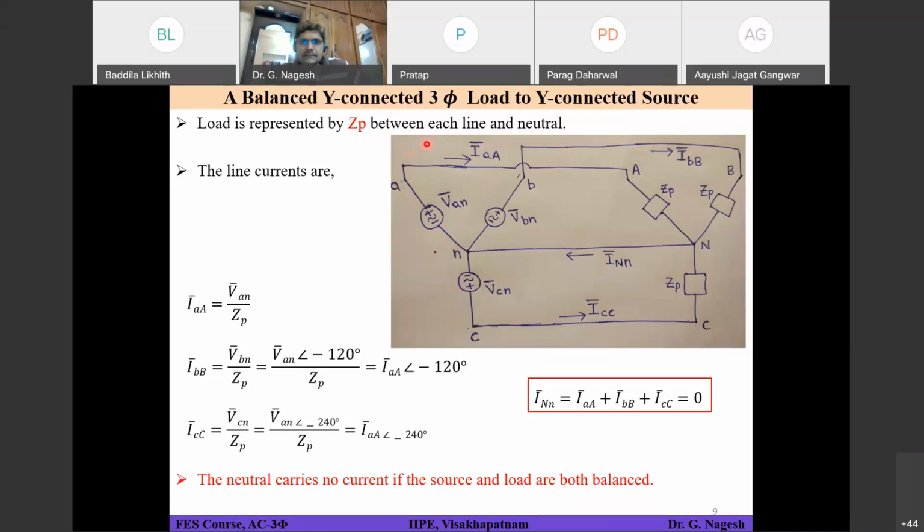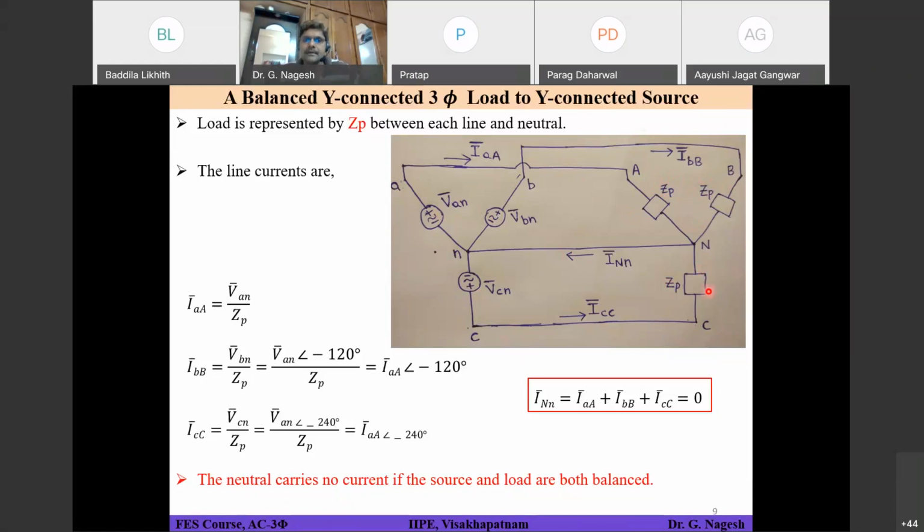So this part we have already seen, that is nothing but a balanced star connected source, VAN, VBN and VCN. And this is a balanced star connected load. If I say balanced, then the impedance in all the three phases should be same. So here I am representing with ZP, that means impedance per phase. So this ZP is same in all the three phases. That's why it is called a balanced load.